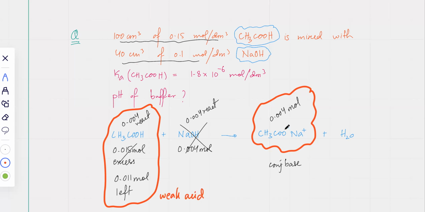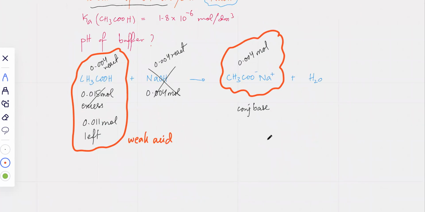That would be left behind after the reaction because it was added in excess. So now it's a buffer. After the reaction is over, it has turned into a buffer because there's a weak acid plus the conjugate base. And now you can use the formula.